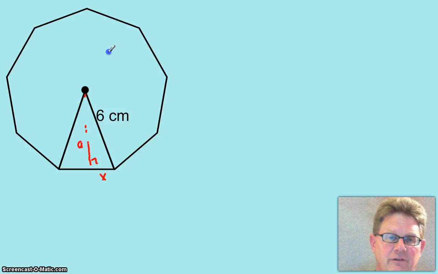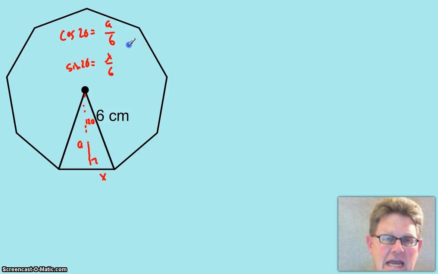Okay, 360 divided by 9 is 40, but you're bisecting it, so that's 20 degrees. So the cosine of that 20 degrees equals A over 6, and the sine of that 20 degree angle equals x over 6.